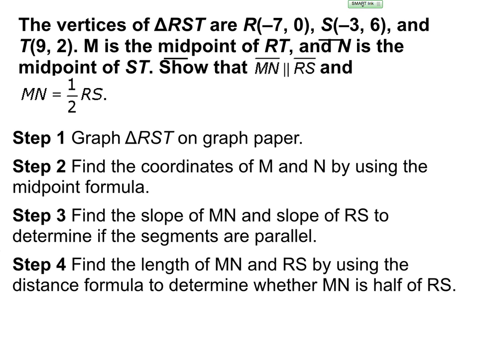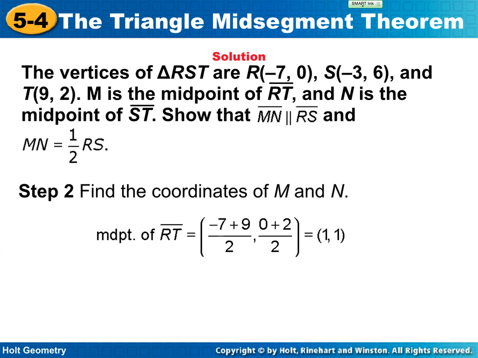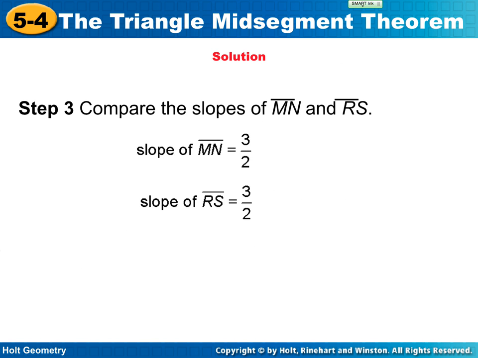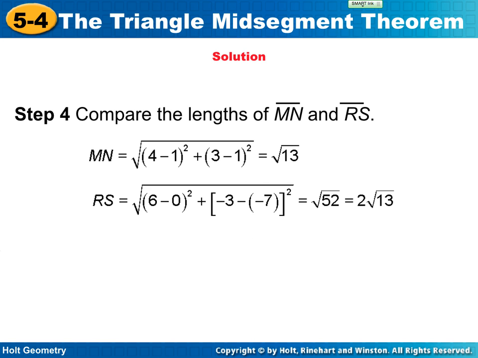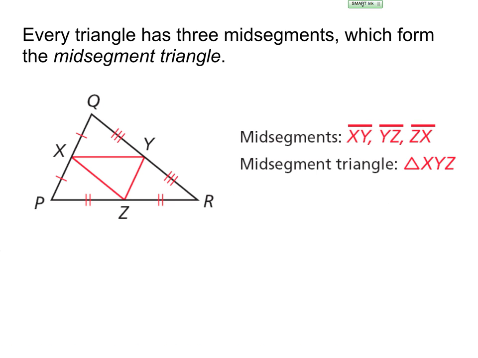Are your pictures looking like this? Something like that? Okay. So do all those midsegments come together at one point? No. Midsegments are not concurrent, but they make a cute little triangle. That little triangle is called a midsegment triangle. I don't know if my notes are ready for that or not. Yep. Midsegment triangle.